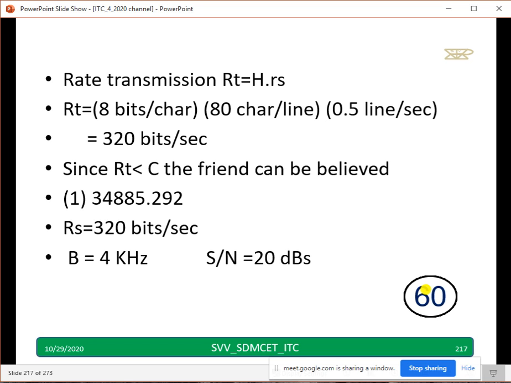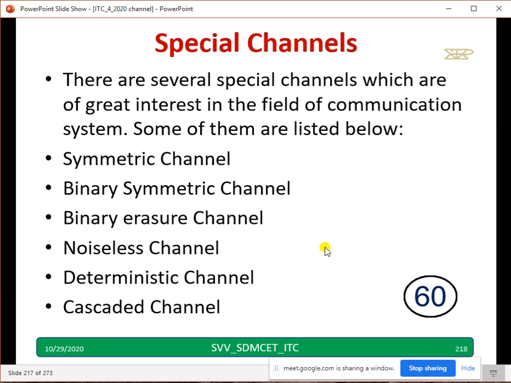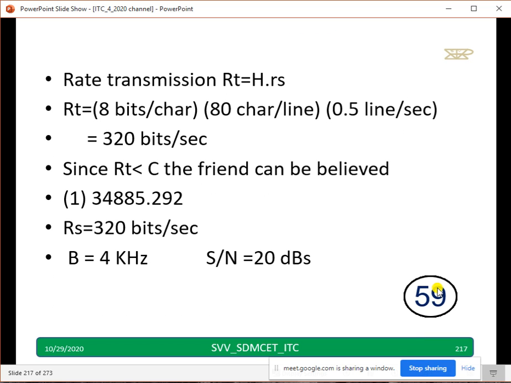So take 1 minute. Then we'll go to the last bit of this chapter. It's like short notes, hardly 1 or 2 points for each channel. You have to see it.